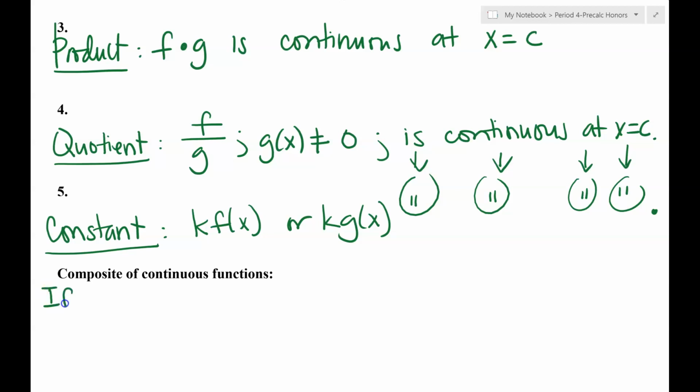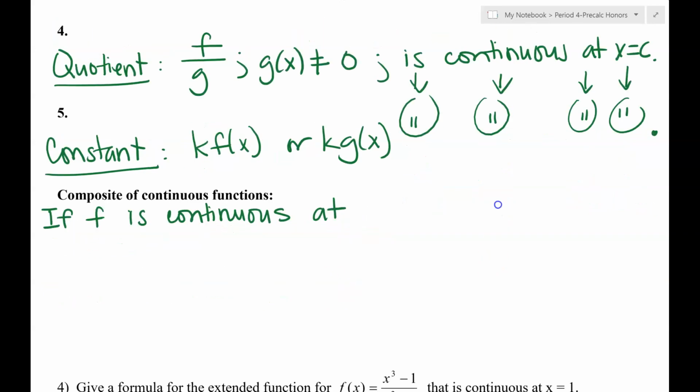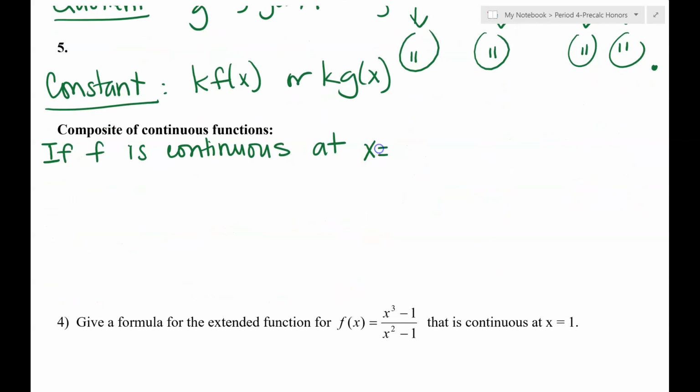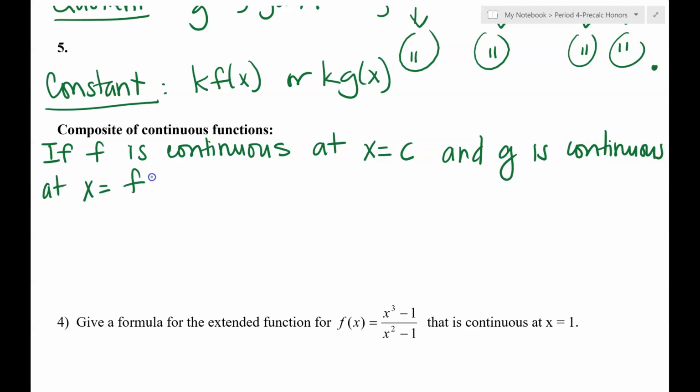If f is continuous, the language for this one is slightly different. If f is continuous at x equals c, and g is continuous at x equals f of c, okay, so see that language right here is slightly different.